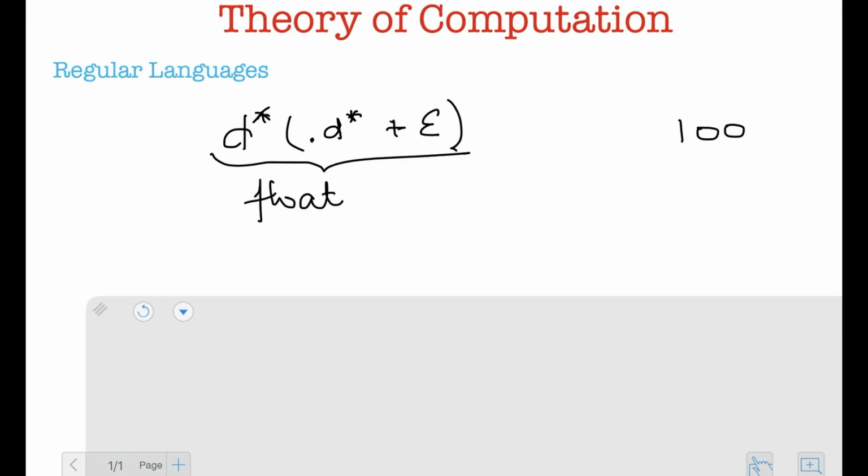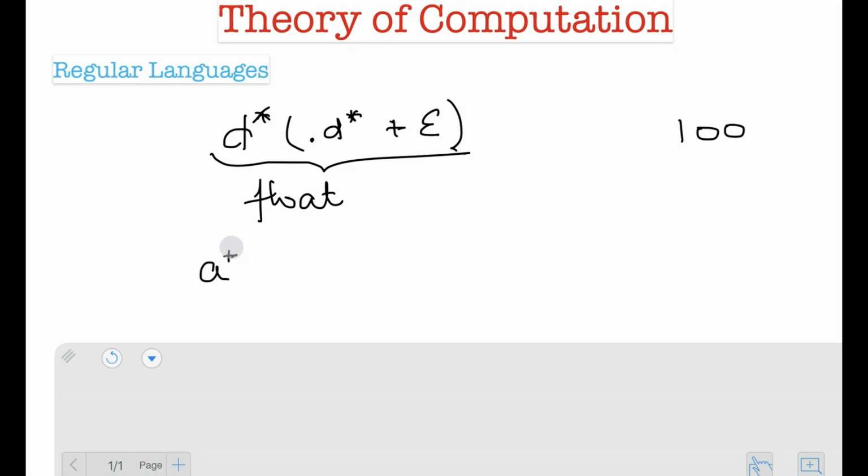And similarly, I could check whether some variable name that the user has given is a valid variable name or not. In most languages it would be alphabet followed by (alphabet plus digit) star. So this would be a valid variable name.